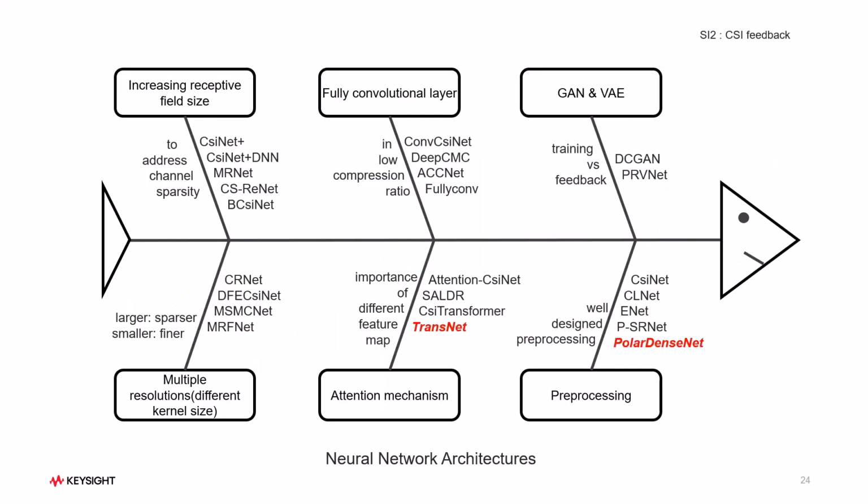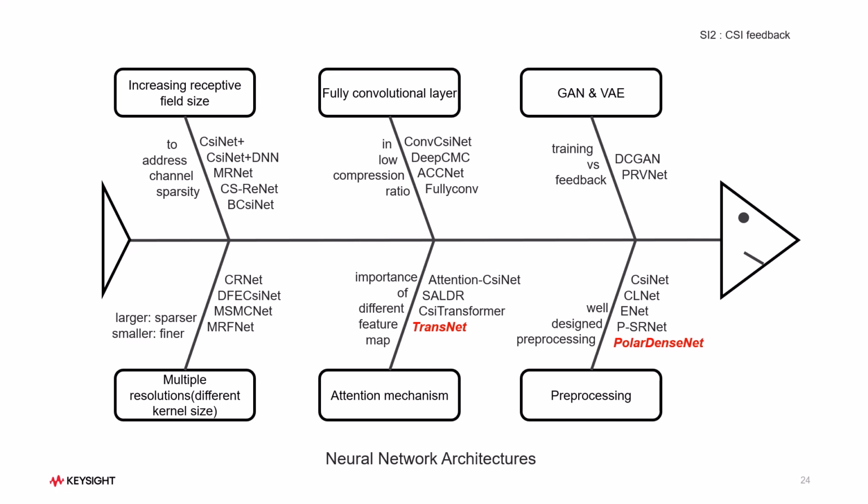The architecture of a neural network plays a significant role in determining the effectiveness of deep learning algorithms and requires meticulous design. Existing designs for neural networks in the context of CSI feedback can be categorized into various groups, as illustrated in the diagram.